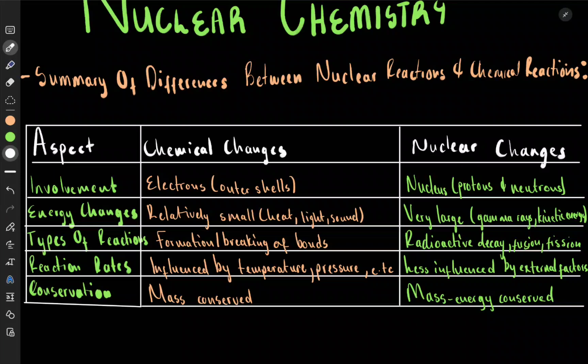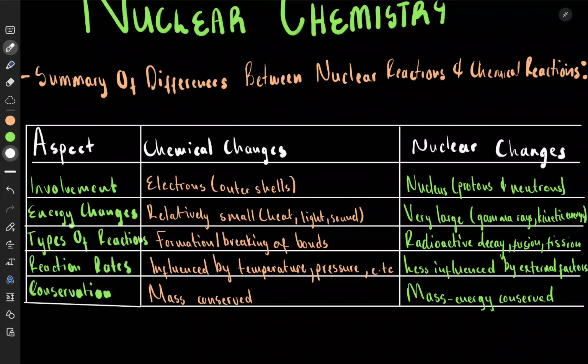Types of reactions. In chemical reactions, we have the formation or breaking of bonds. Those are the type of reactions that we have: two things coming together to form something else, okay? Whatever the type of reaction could be, hydration or oxidation or redox, or reduction, we have these types of reactions, many of them.